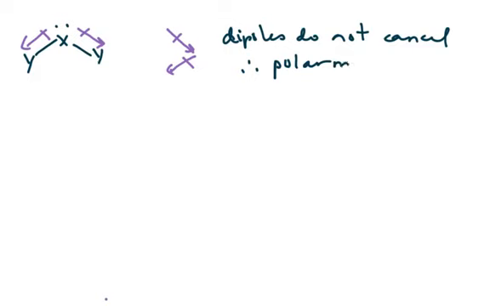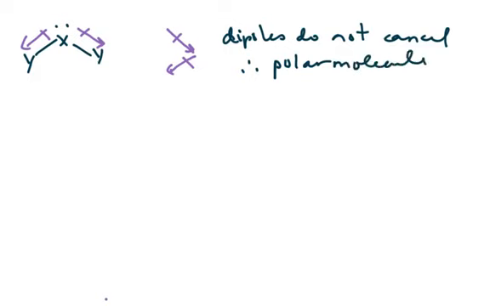So they might have some partial cancellation since they're going right versus left, but they're also both going down, which is additive. So they do not cancel. So I can say that dipoles do not cancel. Therefore, this will be a polar molecule.